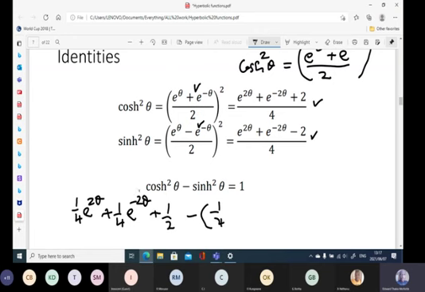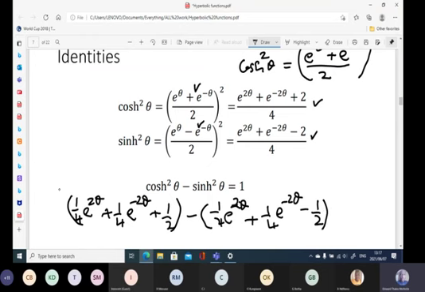Now this first one here basically represents cosh, and this one represents sinh. So this is e to the power positive 2 theta plus 1 over 4 e to the power minus 2 theta minus 1 over 2.